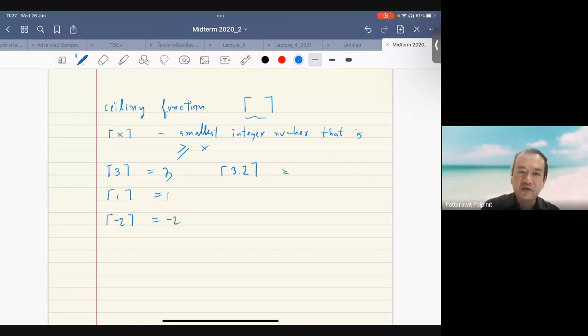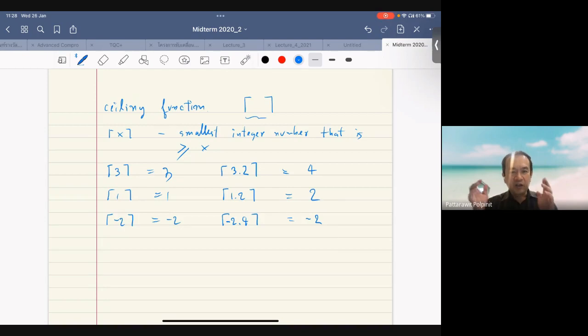What is the smallest integer number that is still greater than or equal to 3.2? It is 4, right? The ceiling of 1.2 would be 2, and the ceiling of -2.4 would be, no, of course not -3, it has to be -2. So the ceiling of -2.4 will be -2.